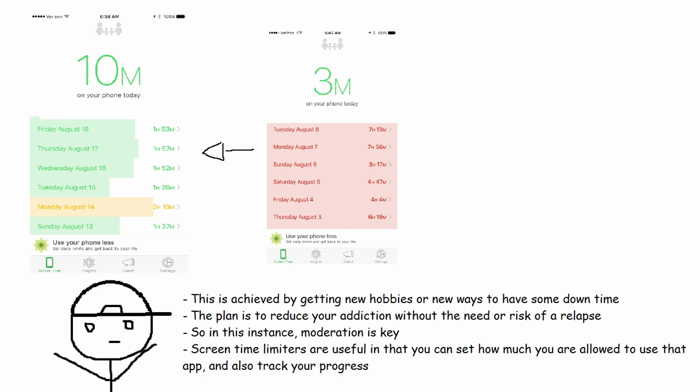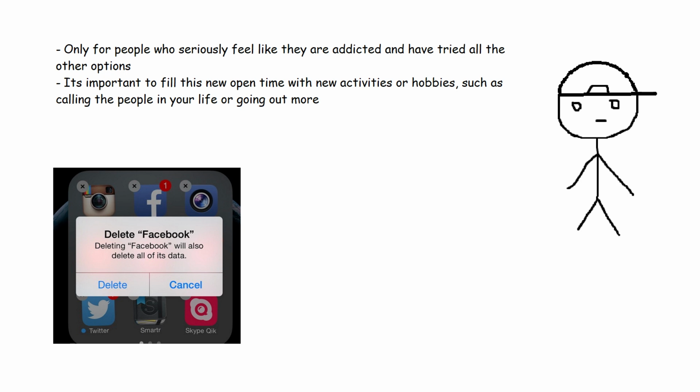But it's sometimes not that easy. And this is where the sixth way comes in, and this is to go on a 30-day social media detox. Now, this is your last resort, and it's usually for people who are truly addicted to social media.